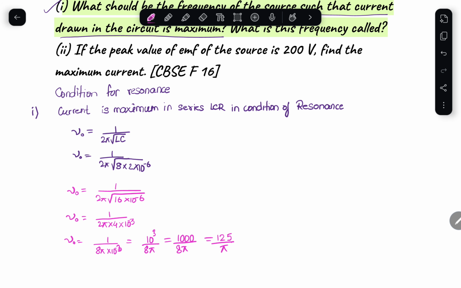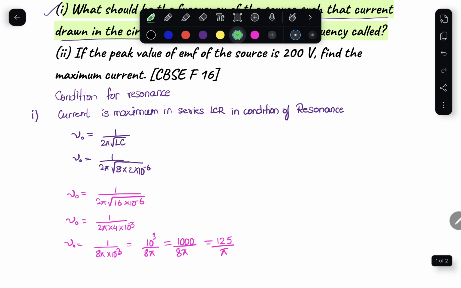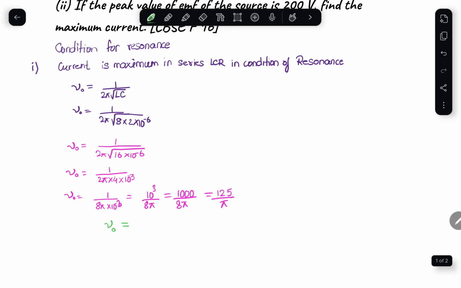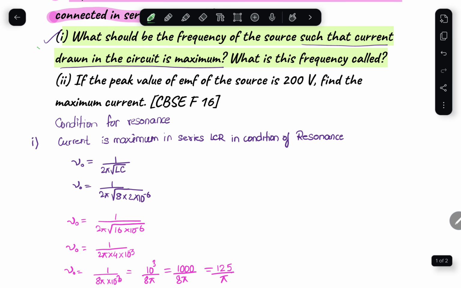So the resonance frequency for the maximum current is 125 pi. This is the first value, nu naught. Okay, so we get the answer of this.